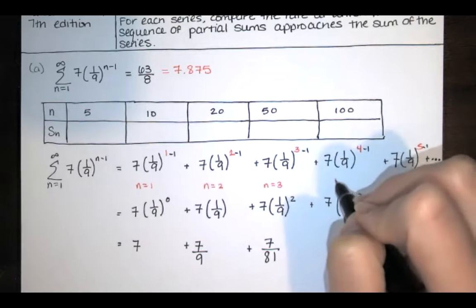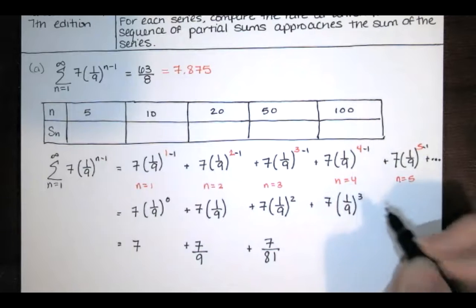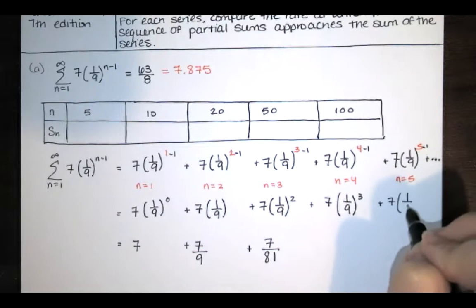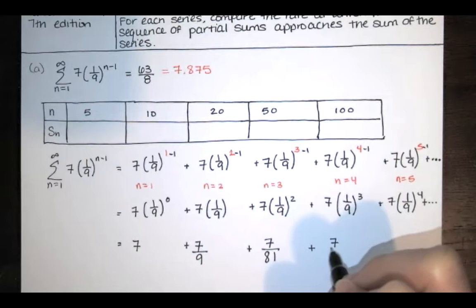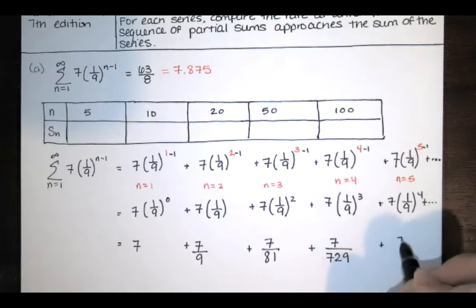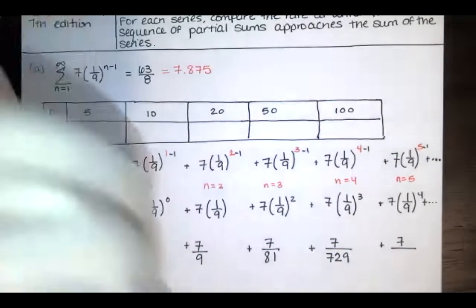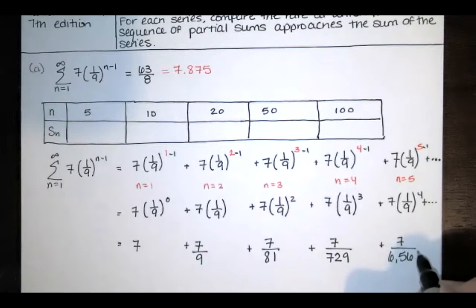That's what we get when n equals 4. And then when n equals 5, we have 7 times 1/9 raised to the 4th power. And that turns out to be 7 divided by 729. And this one turns out to be 7 divided by 6,561.